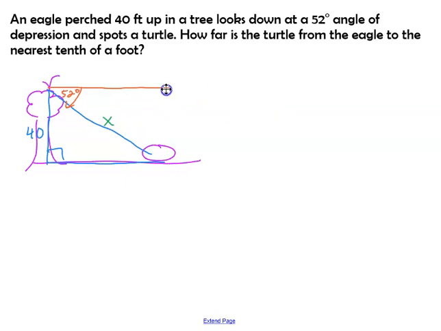So what we can actually do is if we drop this all the way down with a right angle, we can either use this triangle over here, and all we have to do is relay that this height of 40 matches this height of 40. Or what you could do is if you know that we've created this rectangle, this 52 degrees, you can subtract it from 90 in order to get this angle measure of 38 degrees.